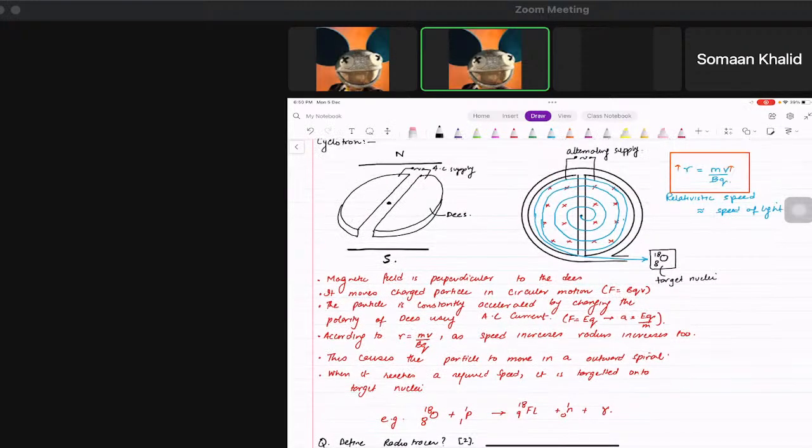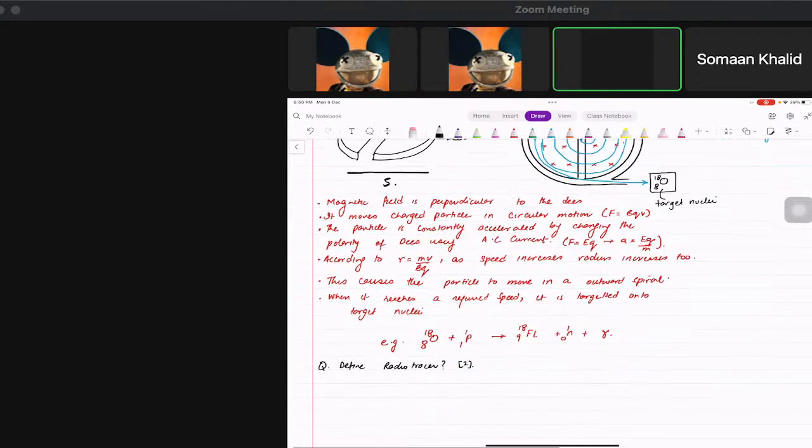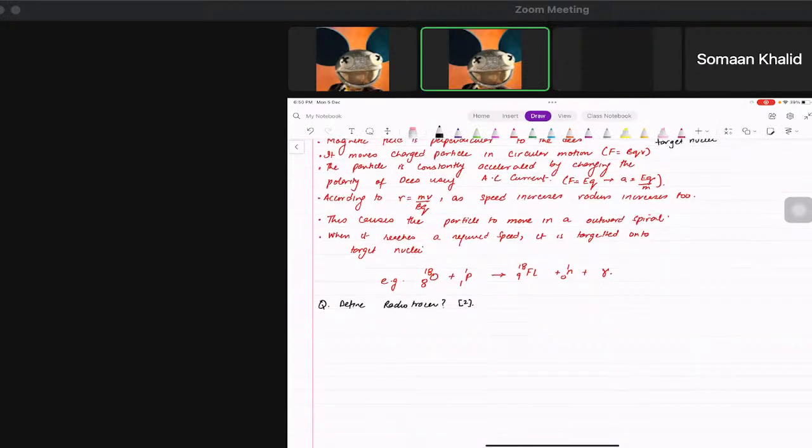Okay. Now, if they say define radio tracer as a question for 2 marks, for the first mark you're going to write it is a substance introduced into the body. This gives you 1 mark. So this is a standard definition. Do not forget it.